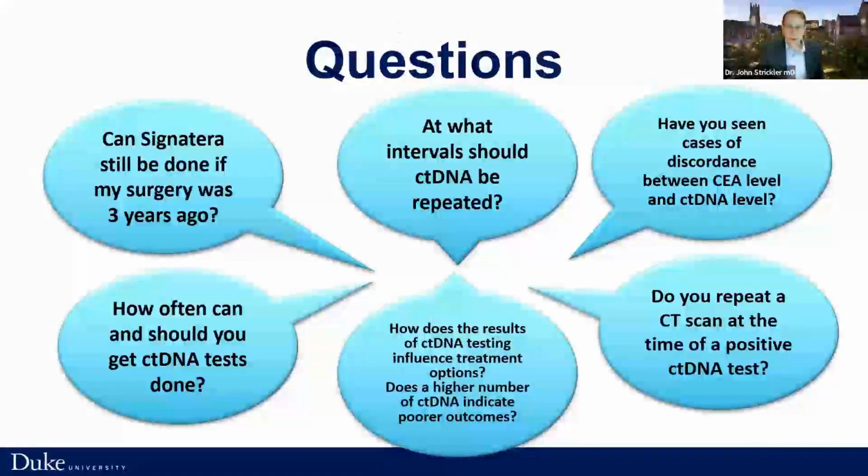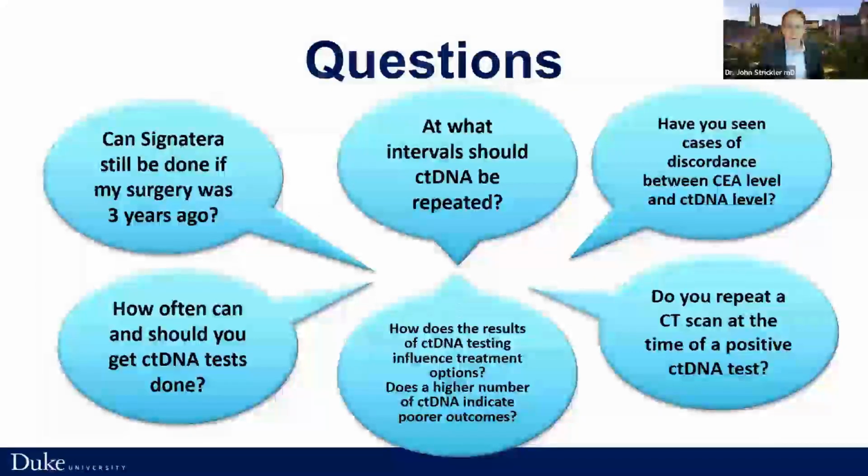And then last question today is, how do the results of circulating tumor DNA testing influence treatment options? Does a high number indicate poor outcomes? In general, the lower the better. So I do think that the absolute number does portend just volume of disease.